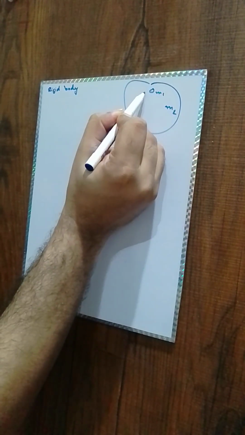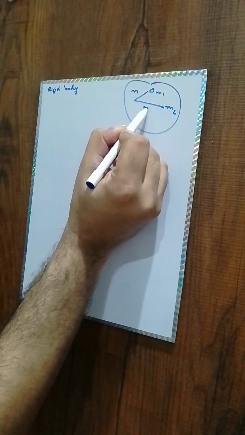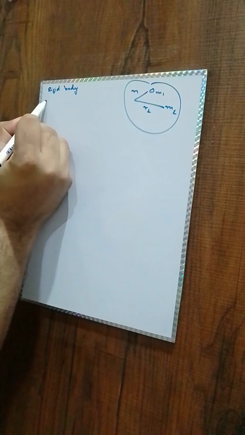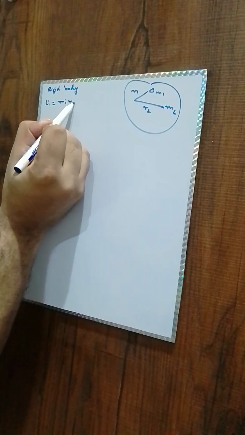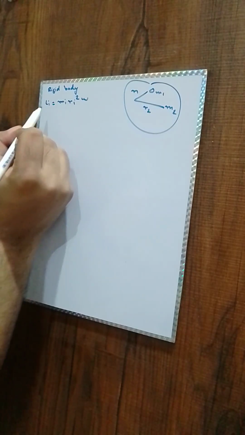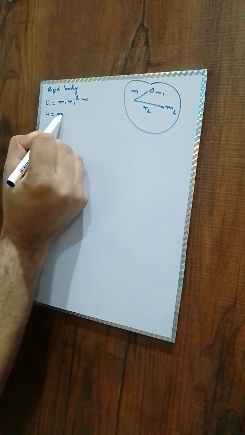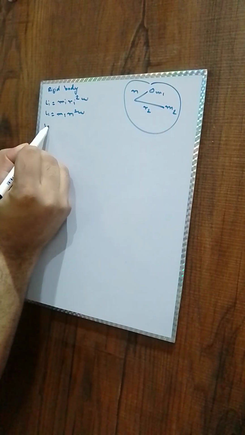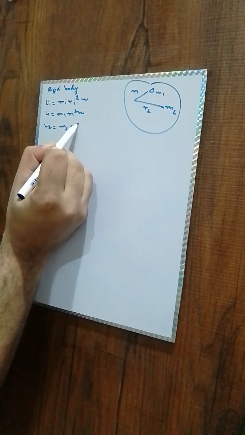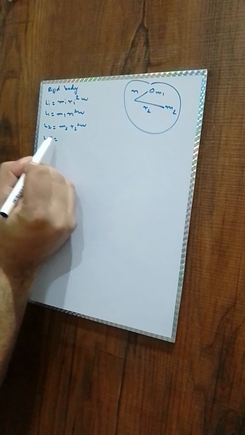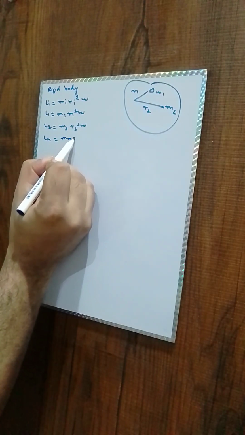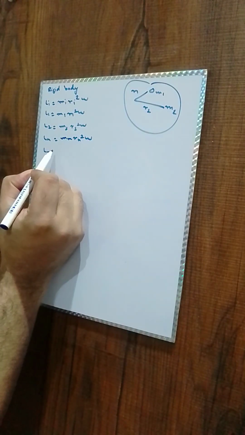There are differential masses m1 and m2 with the differential radii r1 and r2, and so on. So L_i would be equal to m_i r_i square omega, yes, and it says that L1 is equal to m1 r1 square omega, and L2 is equal to m2 r2 square omega, and so on, L n becomes mn rn square omega.